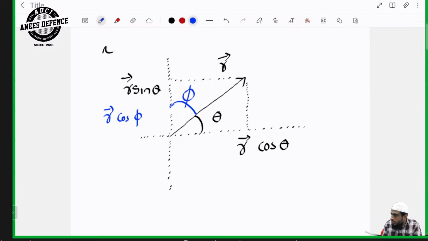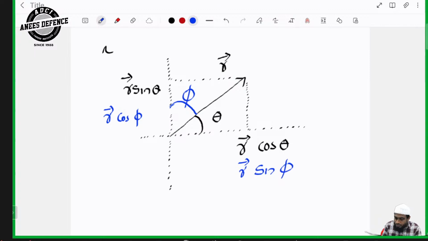Here, not along with the phi, the other side, this component you can represent as R sin phi. Understood? So in this way, you can resolve a vector.